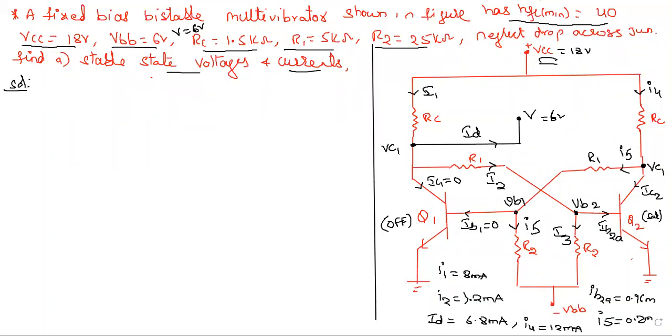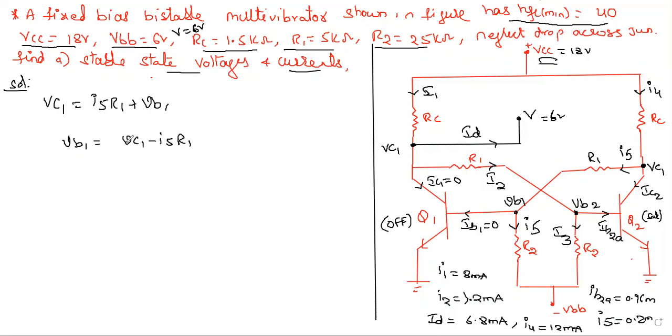Now we shall calculate VB1. If I apply KVL from VC1 to VB1 through this branch, VC1 is equal to I5 R1 plus VB1. So VB1 is equal to VC1 minus I5 into R1.